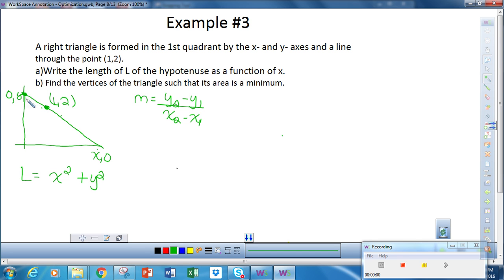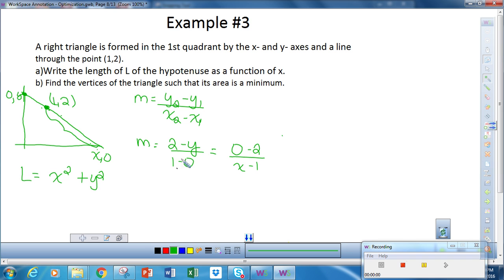So if I write the slope between these two points, I get 2 minus y over 1 minus 0. That has to equal the slope if I write it from the other two points, which would be 0 minus 2 over x minus 1.